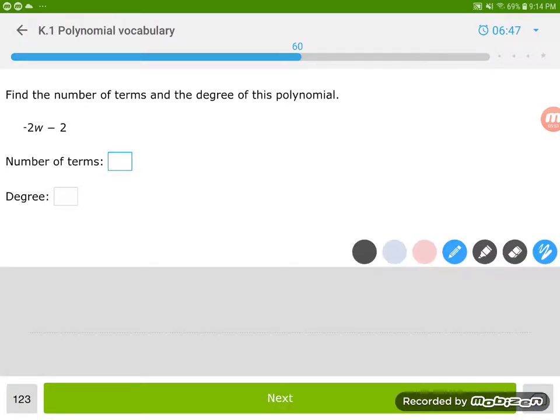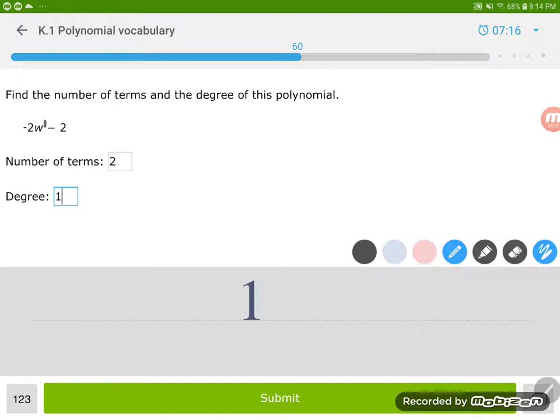Okay, so same deal, right? Two terms right here. And we have a highest power of 1. Remember, that degree is going to be 1 because we see a term without a variable and a term with a variable. We can think of this term right here as having a power of 1.